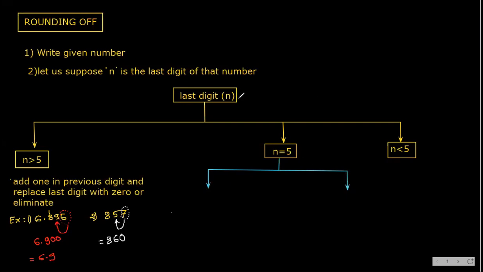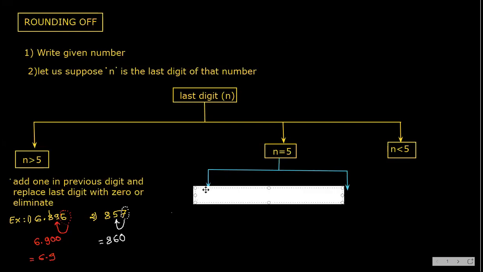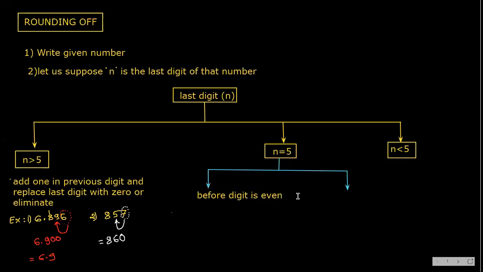The 2 cases are: the before digit may be odd or may be even. Before digit is even. This is the first case.